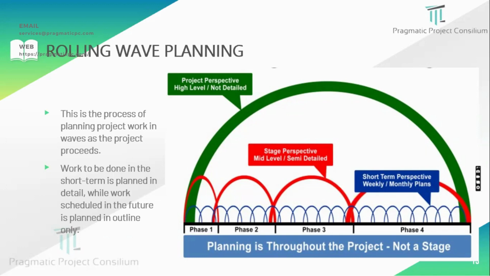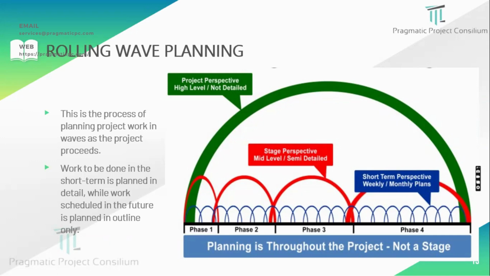And as a whole, what the green shows is the project perspective, high level, not detailed. So this is all common ground, and the combination of these three represents the rolling wave plan. So how you are breaking down the planned activities at different levels, what level of effort we have to put in, and what the quantity is, accordingly we have to think and then execute the project.